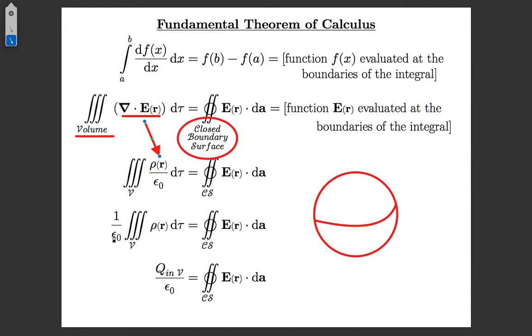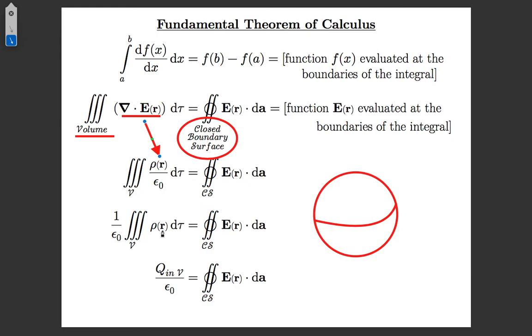If we take epsilon naught out of the integral, that's just a uniform parameter, so it can come out of the integral. We're left with an integral of rho over some finite volume. I will clarify that we're talking about finite volumes of space right now.